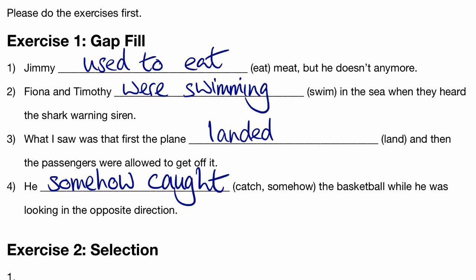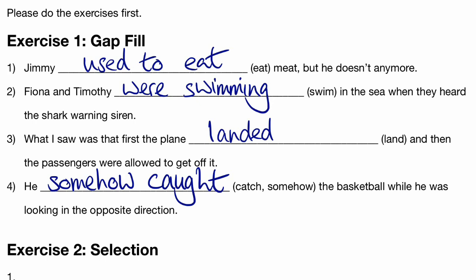If this was a real exam question, I would actually have to add something else to this. So I'd have to say, when they heard the shark warning siren, and then they decided to get out of the sea as fast as possible. Because at the moment, without that addition, there are a couple of other options which would be possible here.